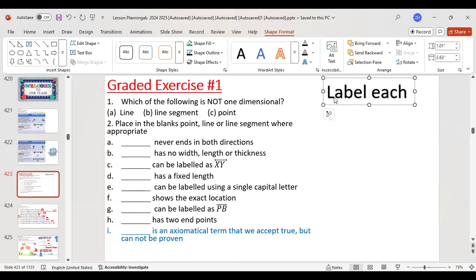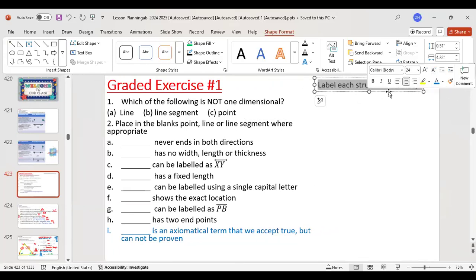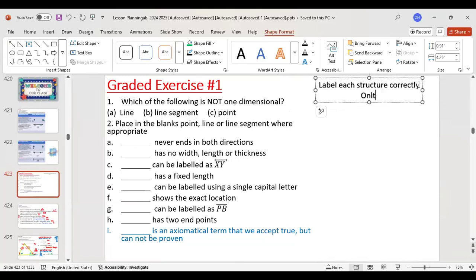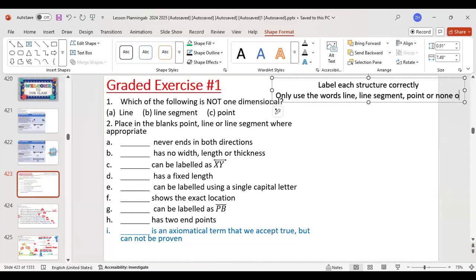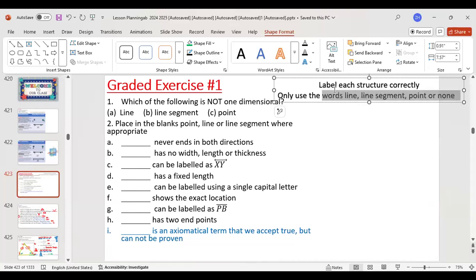Then on the side, we're gonna say label each structure correctly: segment, point, or. So this is part B. For part B, you're only allowed to use the words line, line segment, or none of the three.